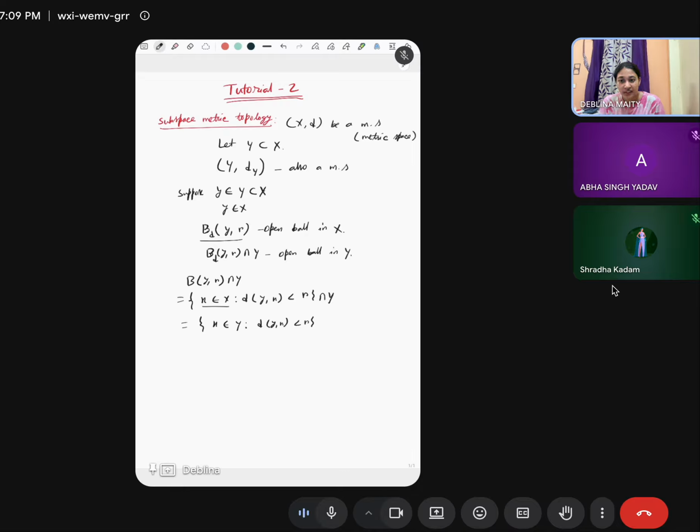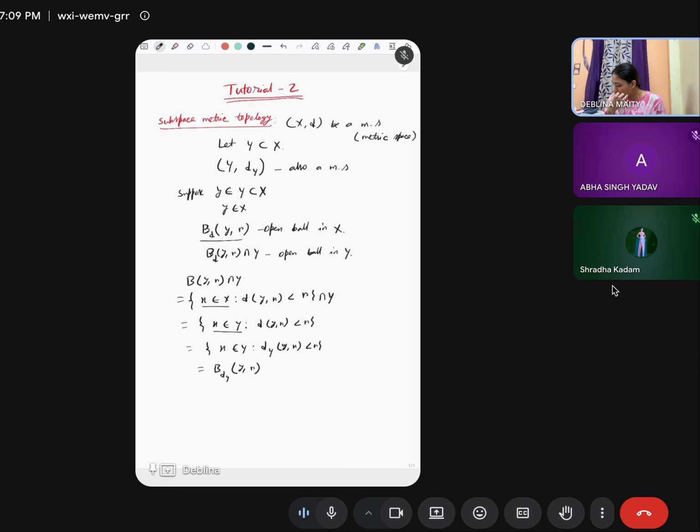Now it is a subset of Y, so it is nothing but the set of all those x belonging to Y such that d_Y(y, x) is less than r, and it is nothing but B_{d_Y}(y, r), right?